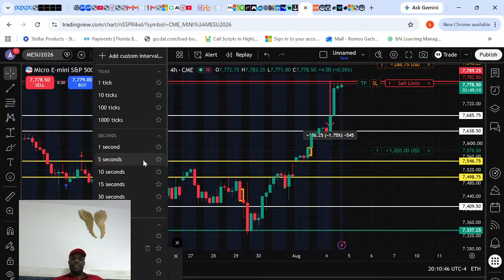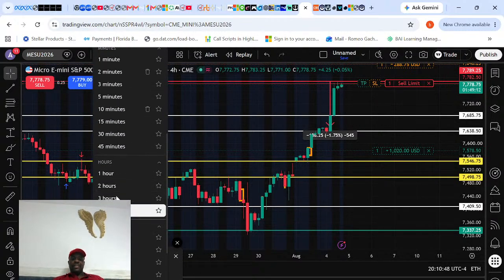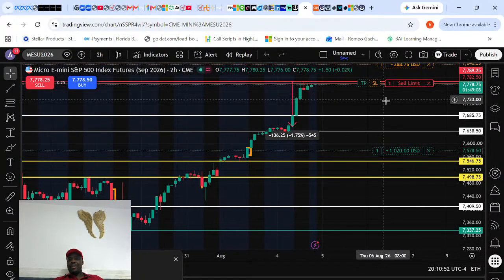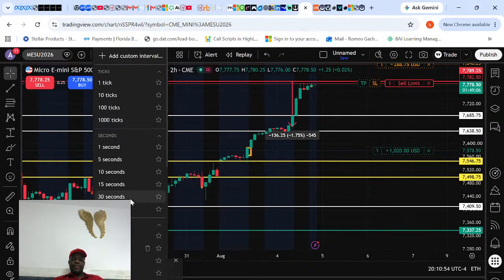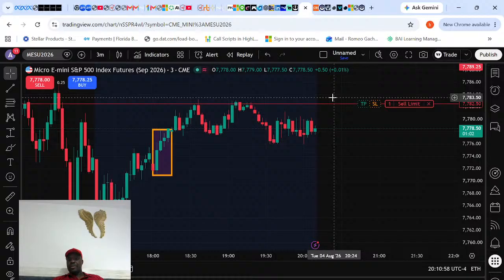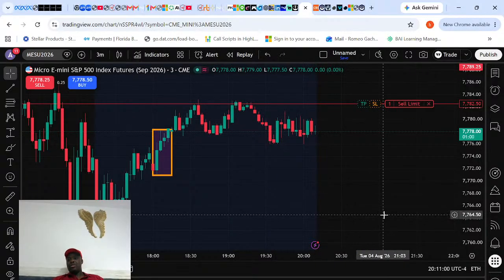I'm just giving you an example. It won't activate till price goes there. So if I go to the 3 minute, you see price is here. That means if price goes here, it would activate it.